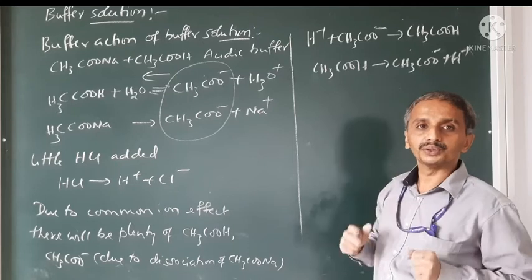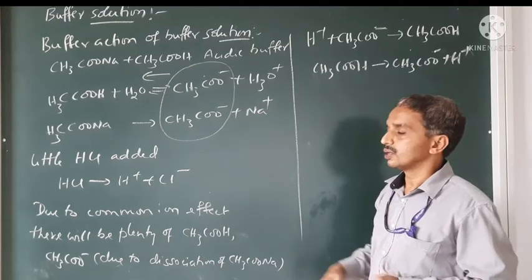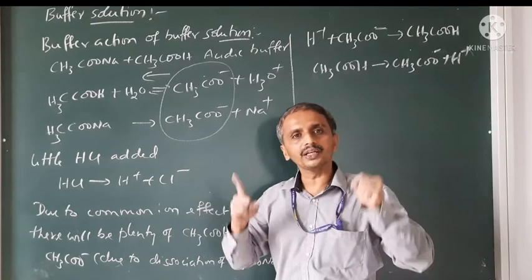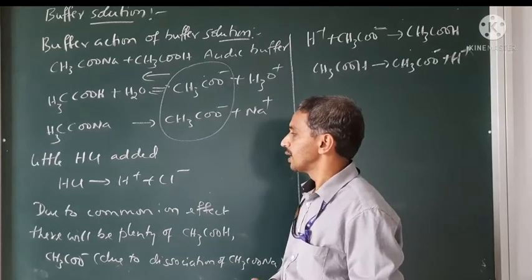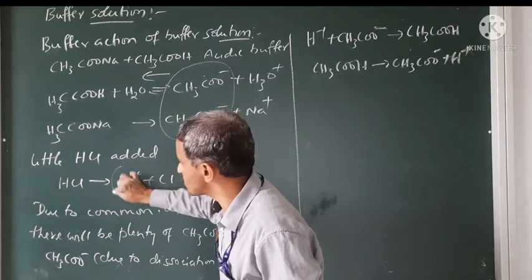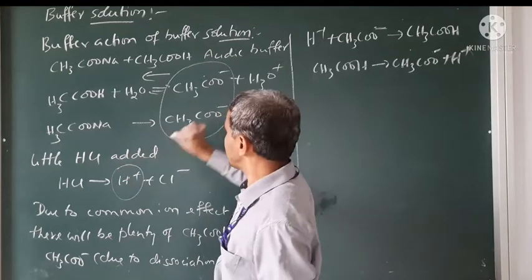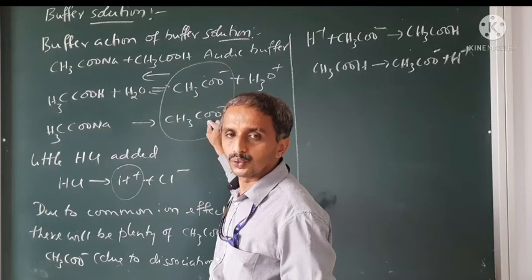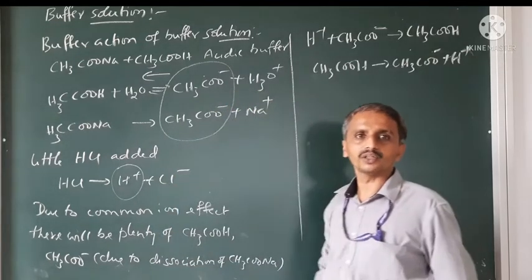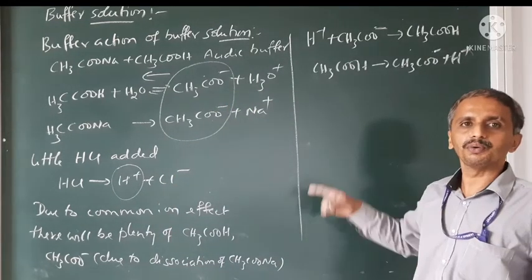When the pH changes, when the H+ ion increases, the pH will decrease. But as H+ is formed, it immediately reacts with the acetate ion which is in plenty, so no change in the H+ ion concentration takes place, and pH remains the same.